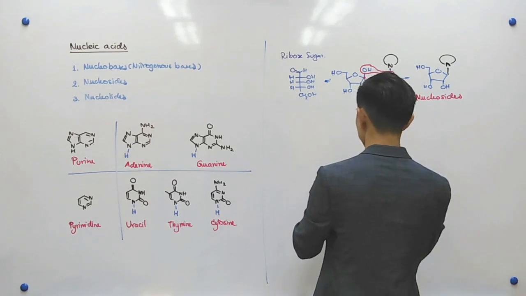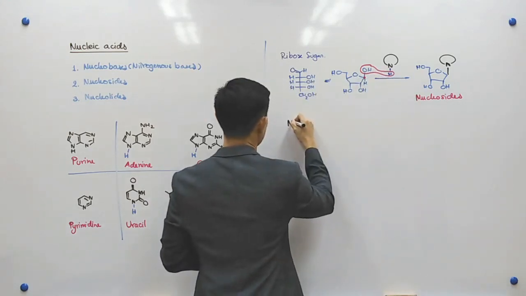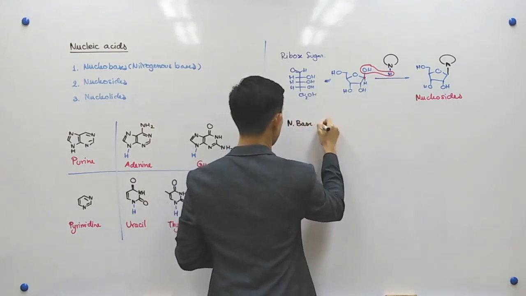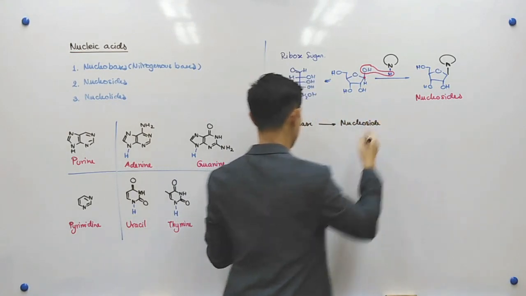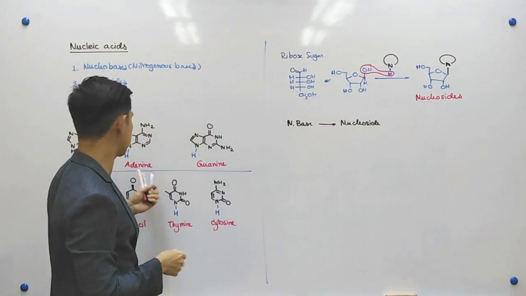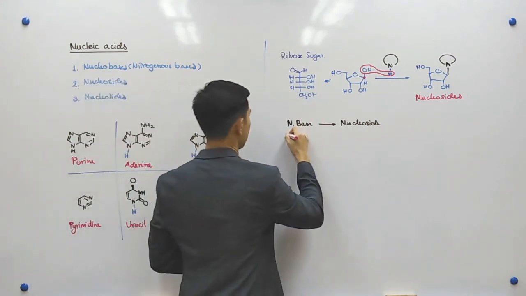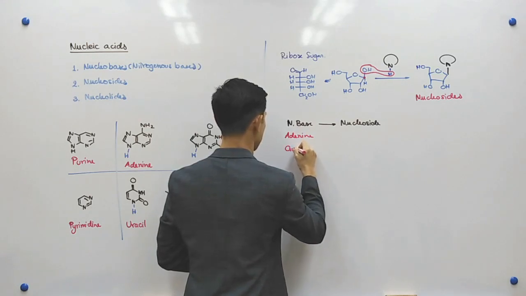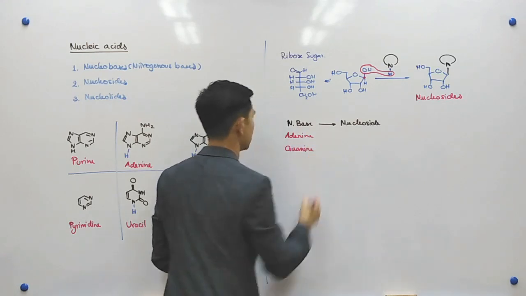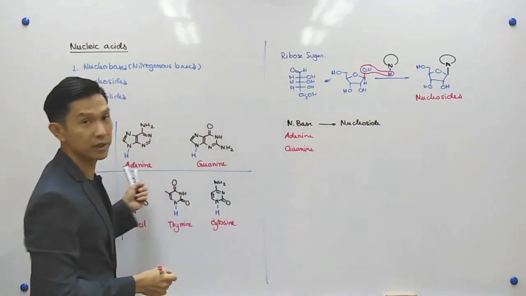So from the nucleobase, now you have nucleoside. The nucleobases adenine and guanine are both purine derivatives.